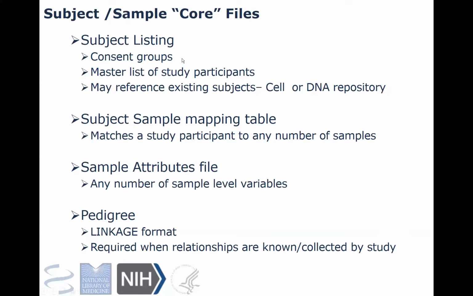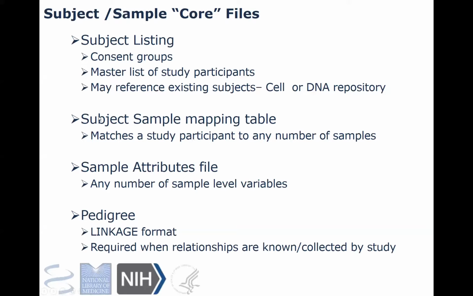And the consent group is this concept of how the data can be used by third parties. So a consent group might be for nonprofit use only, or for cancer research only, for example. And so this master listing describes how the data from that individual can be used later.